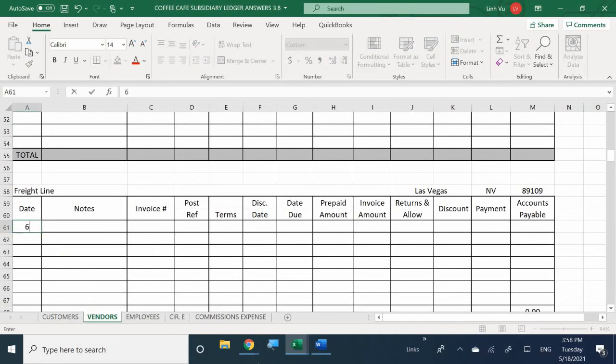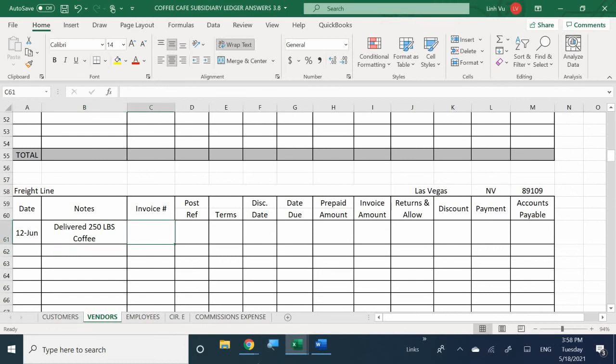We received the inventory items on the 12th, and once again, you're going to indicate that you received, or you can say delivered, 250 pounds of coffee, right? They don't really care about what coffee you bought, just as long as you know that they carried 250 pounds of coffee. Okay. And how did I pay?